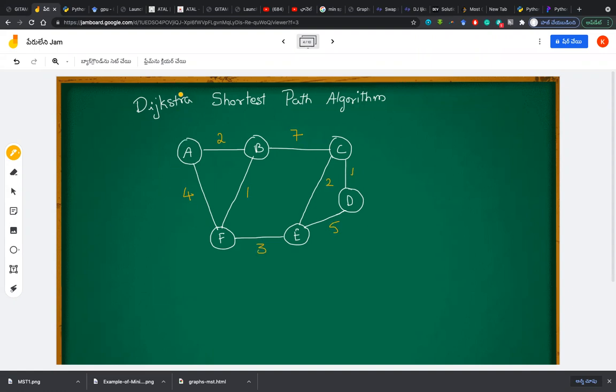Okay, so this is a graph. So now we are going into Dijkstra's shortest path algorithm.